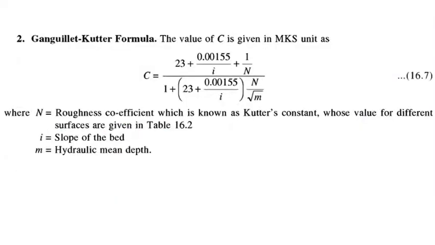Next we have Kutter's formula, which is mentioned in the syllabus. The value of C using Kutter's formula is C = [23 + 0.00155/I + 1/N] divided by [1 + (23 + 0.00155/I) × N/√M], where I is the slope of the bed and N is the roughness coefficient or Kutter's constant.